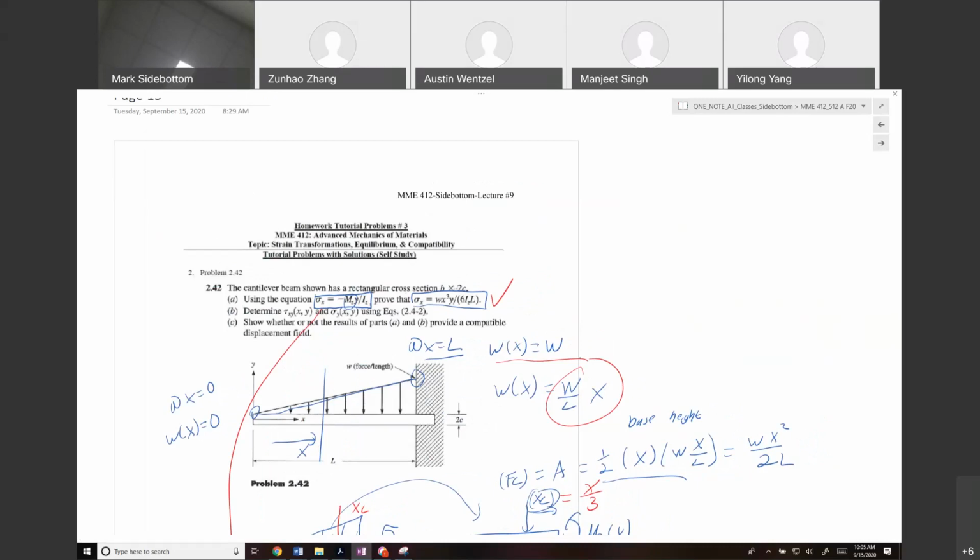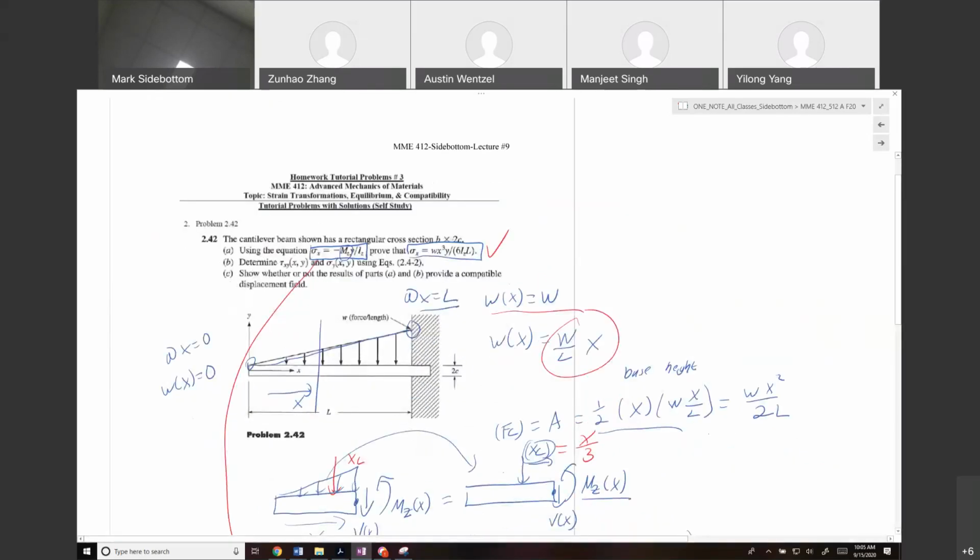But you're absolutely correct that we do need to use a boundary condition. What I'm trying to say is that at some point in the beam, we know the value of tau xy.